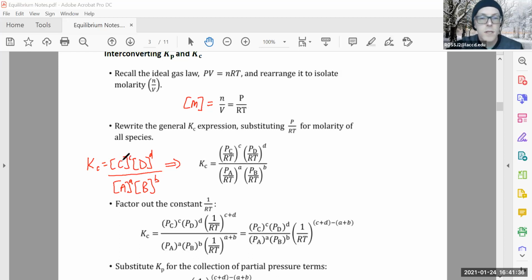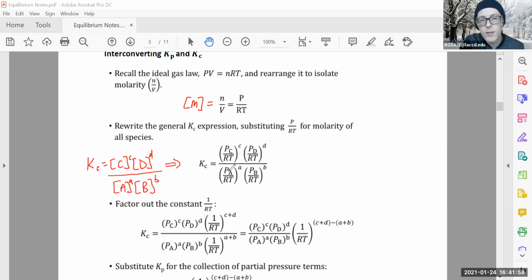So we substitute this in for each concentration. So instead of concentration C, we have the pressure C, but we have this extra baggage of R and T. So pressure C to the cth power, pressure D to the dth power, pressure A to the ath power, pressure B to the bth power. So that's straightforward.